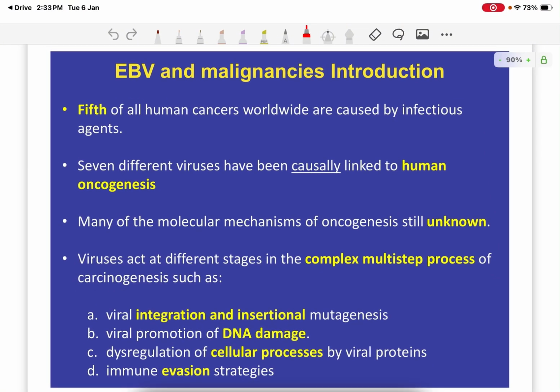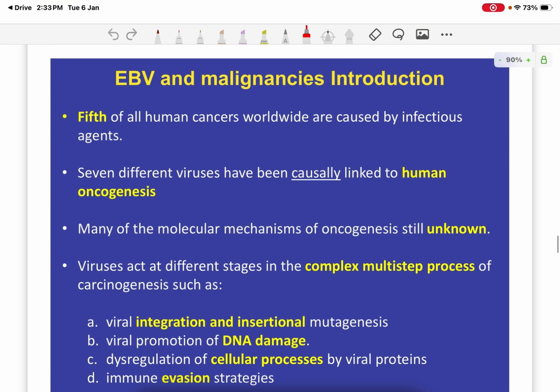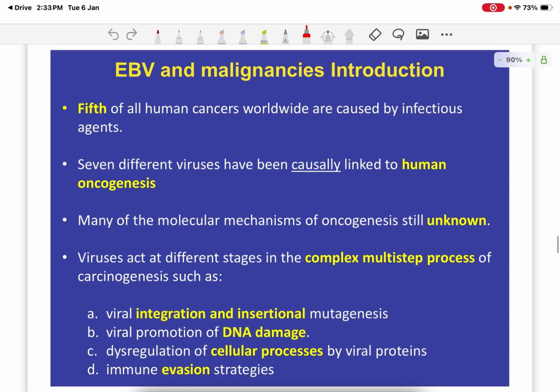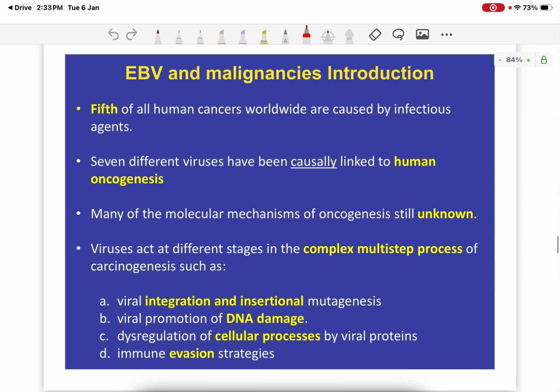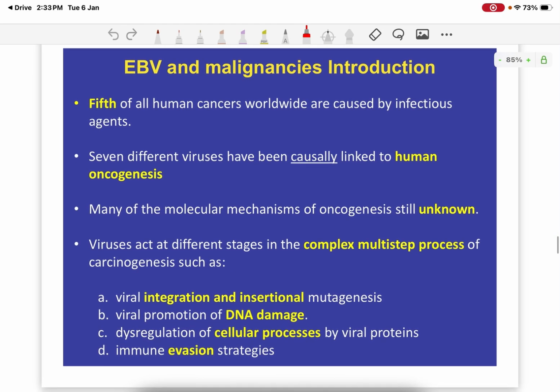This slide is not about Epstein-Barr virus. This is in general. Integration, insertion, and mutagenesis, DNA damage, cellular processes, dysregulation, and evasion of host immune strategies. These 4 categories fit all infectious agents, primarily viruses, and explain why cancers occur, in association with human papillomavirus, for example, cervical cancer.